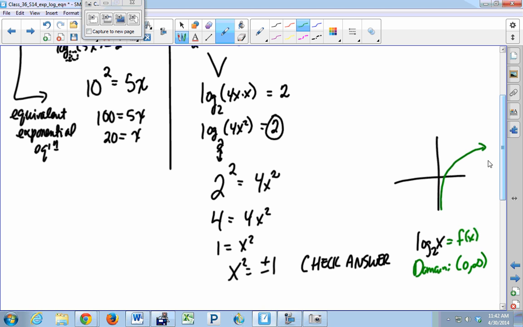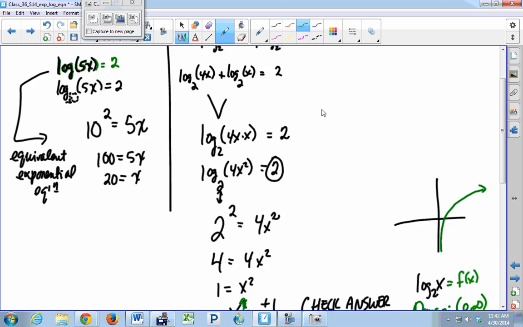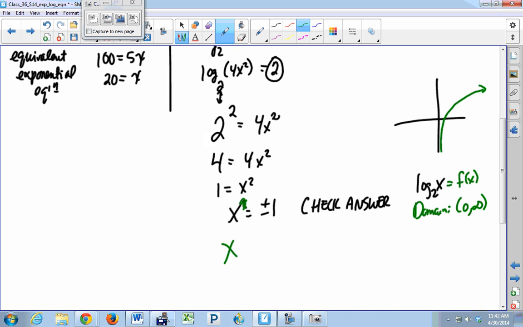So you have to make sure that when you plug your answer back in, you don't get a negative. So let's try 1. If I go back to my original equation, I get log base 2 of 4. No problem there. Equals 2, take away log base 2 of 1. That's okay. The left side equals the right side. So I can say x equals 1.